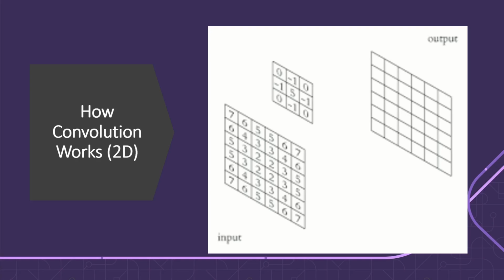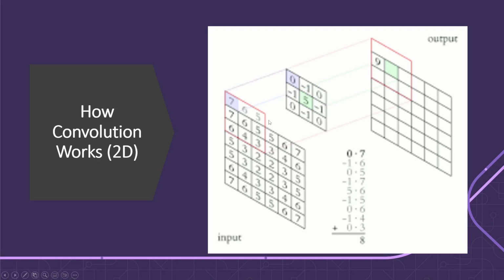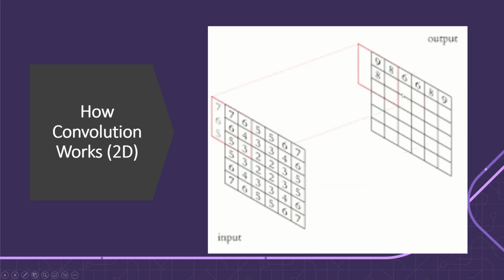I also mentioned how the filter actually works. Sorry, the picture is not as clear as I expected when I added it, but you can visualize how the filter moves. This is the actual input image and this is the filter input.